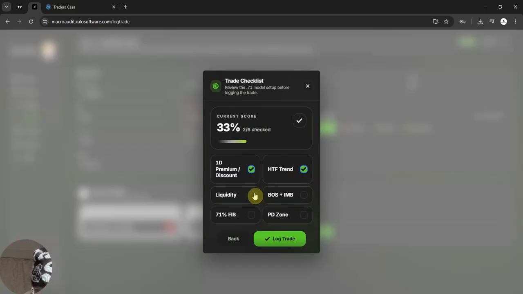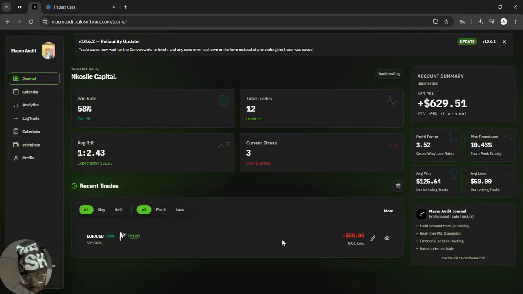Higher time frame was followed, liquidity was swept, break of structure and imbalance was there, the 0.715 level, and PT zone, we came into our premium area, and price went all the way to stop loss, even though the trade was an A plus setup to me, in my perspective, right? So yeah, I believe we're in a losing streak of 3 trades now.